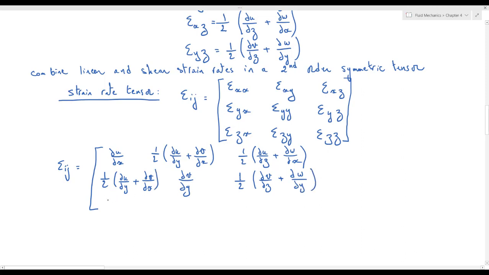So epsilon zx is equal to epsilon xz, and it is equal to half into del u over del z plus del w over del x, and epsilon zy is equal to epsilon yz, which is equal to half into del v over del z plus del w over del y, and epsilon zz is equal to del w over del z. So this is the strain rate tensor.